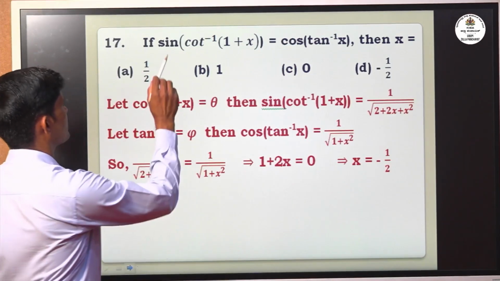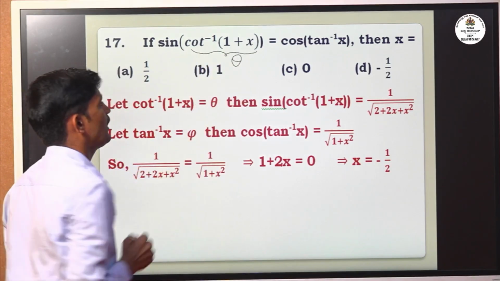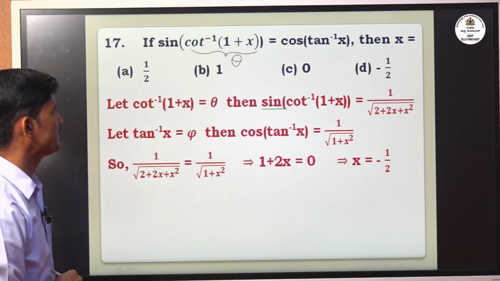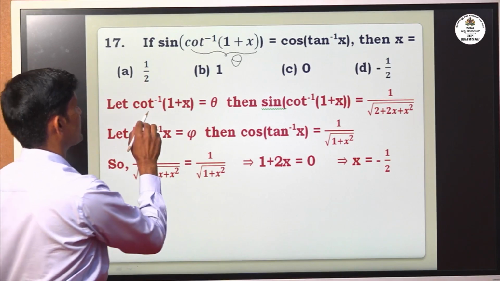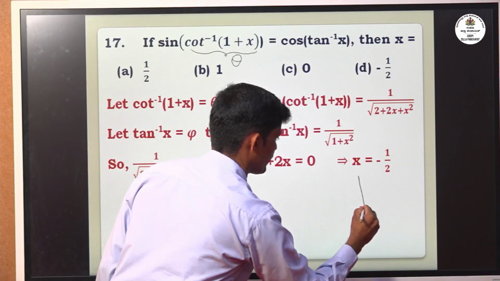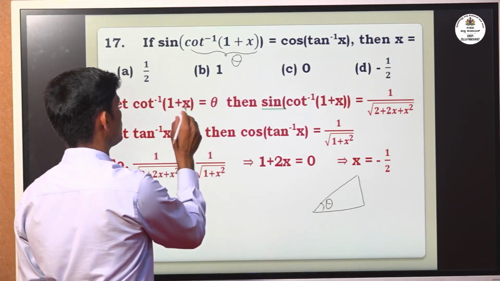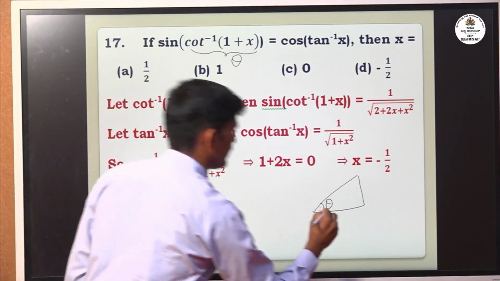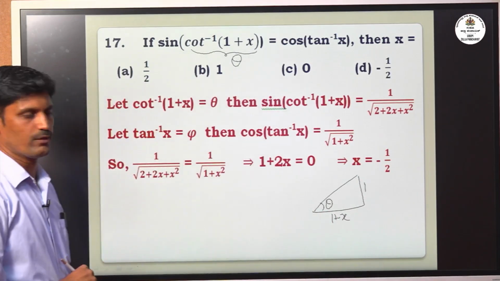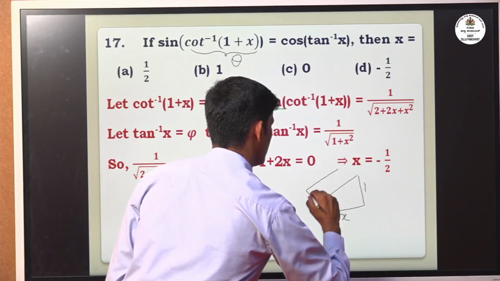Here, you see, let us take cot inverse of (1 plus x) as theta. Then the left hand side becomes sin theta. Let us get the expression for sin theta. Cot inverse of (1 plus x) equal to theta means cot theta is 1 plus x, that is adjacent by opposite, (1 plus x) by 1. Therefore the hypotenuse is the square root of (1 plus x) whole square plus 1 square.